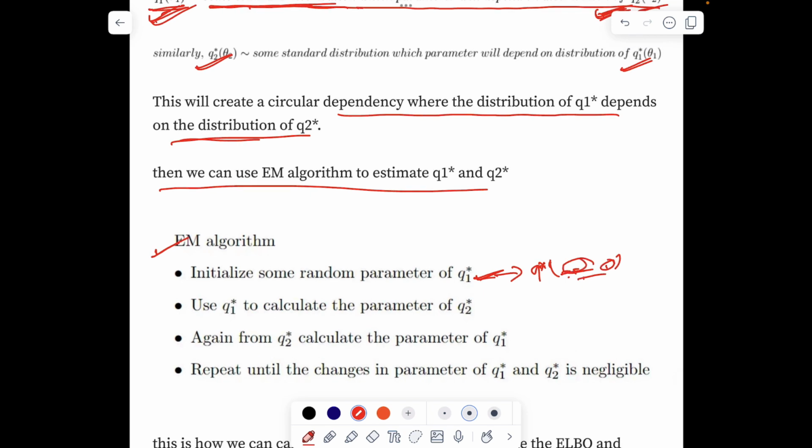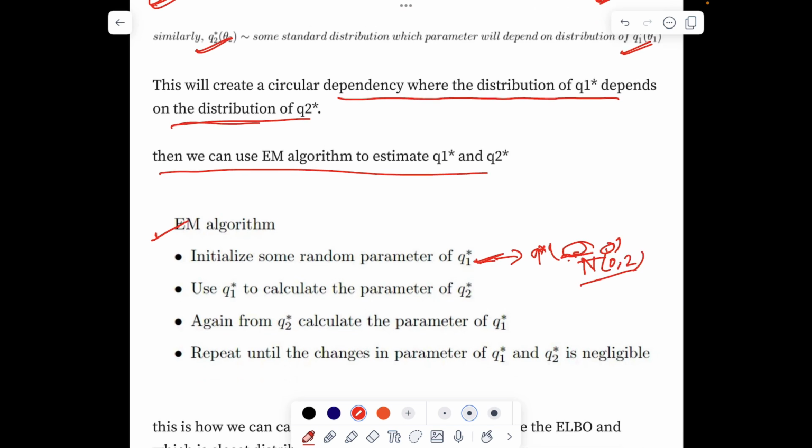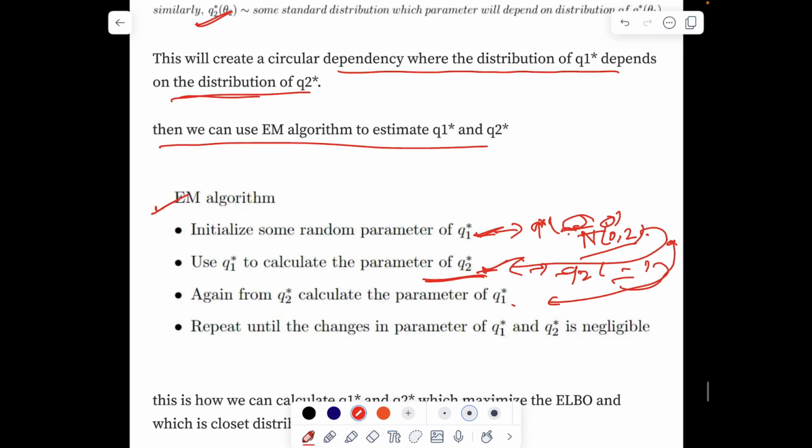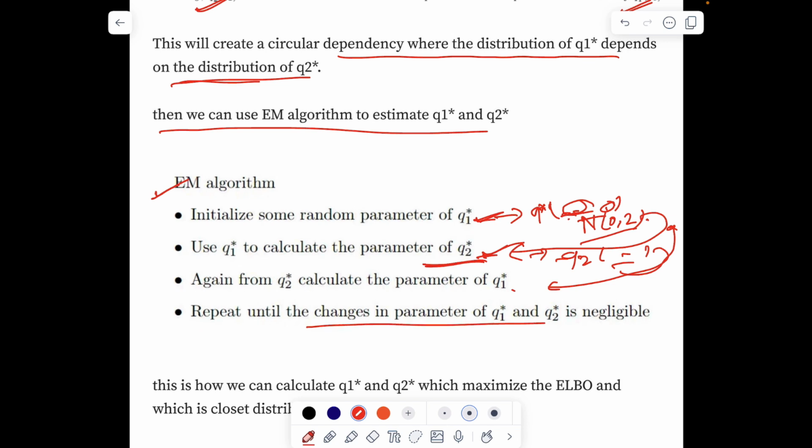Let's say it is normal, 0 and 2 or something. Then, since for calculating q2 you only need q1, we can always calculate q2 now. Just calculate q2, and you will get some distribution of q2. From q2, again calculate q1. Now your q1 will get updated, right? Again from q1 you calculate q2, and repeat this until you see no change in the parameters of q star 1 and q star 2.